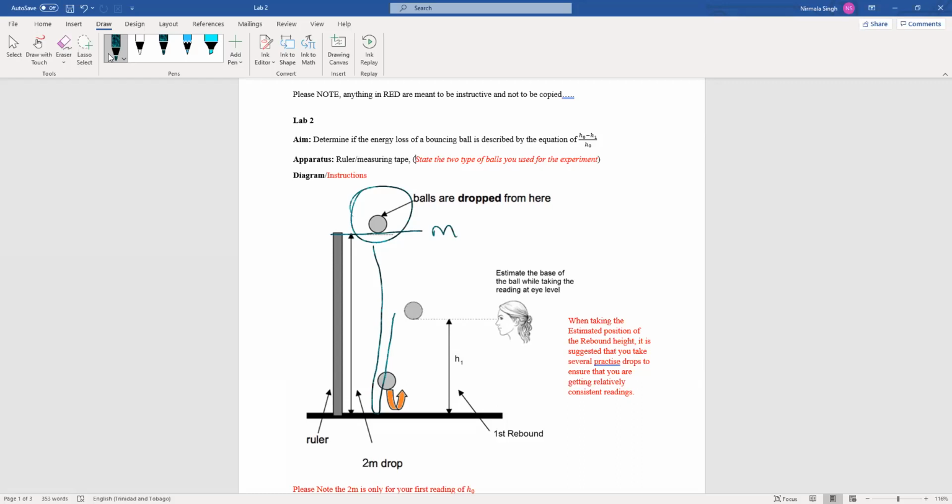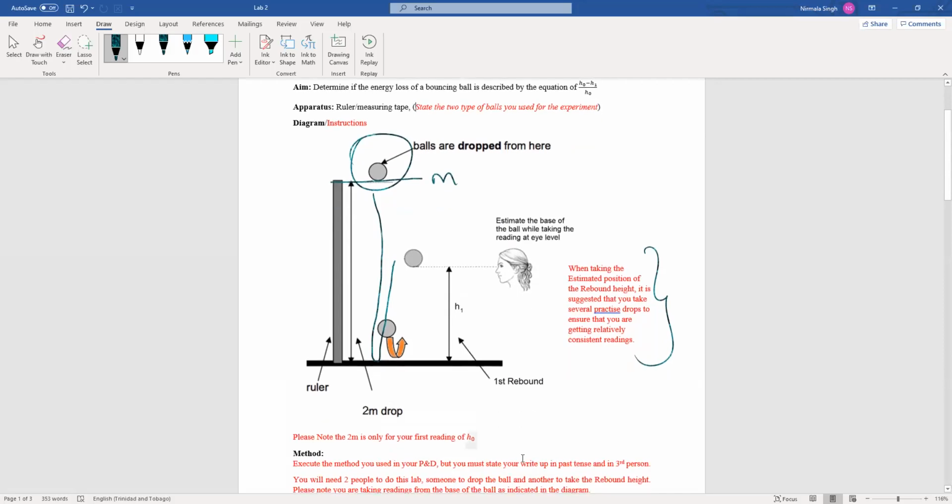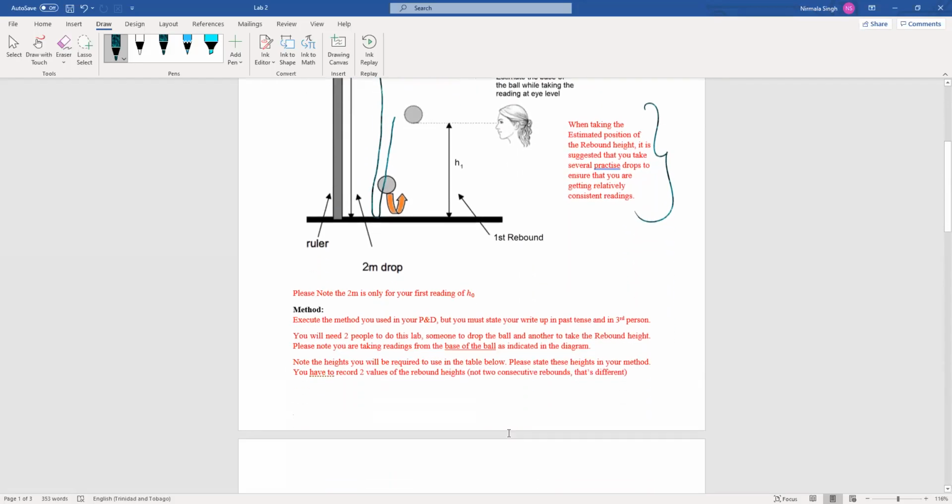If you realize the ball is bouncing back to say 150 centimeters consistently, then take your reading. On average, you need to do each reading about 3 times before you get nice consistent results. Hence why I have the tip: please note 2 meters is only for your first reading of H naught, which I do have in the table.